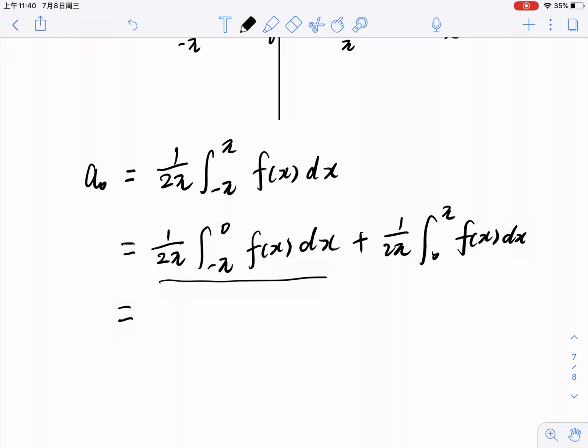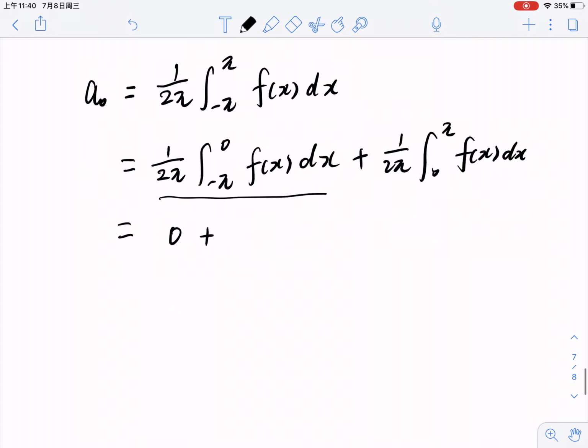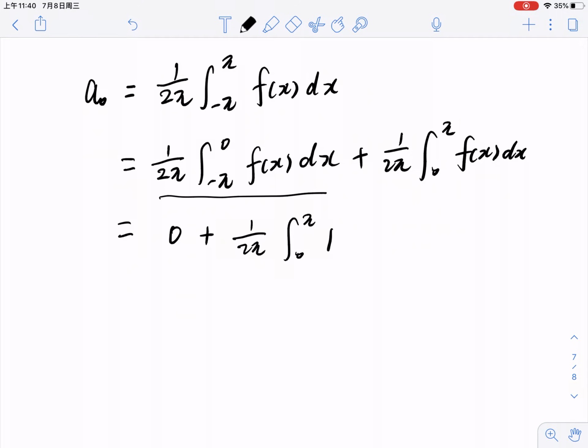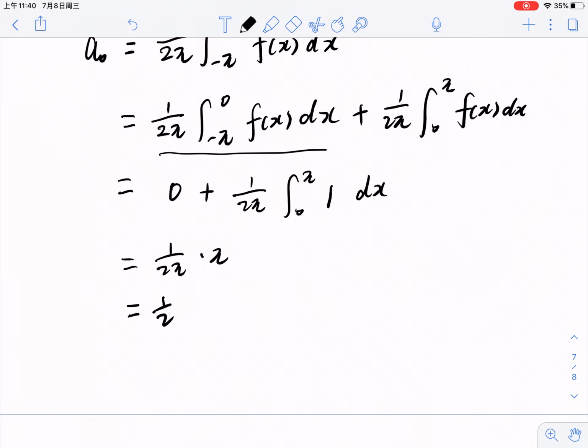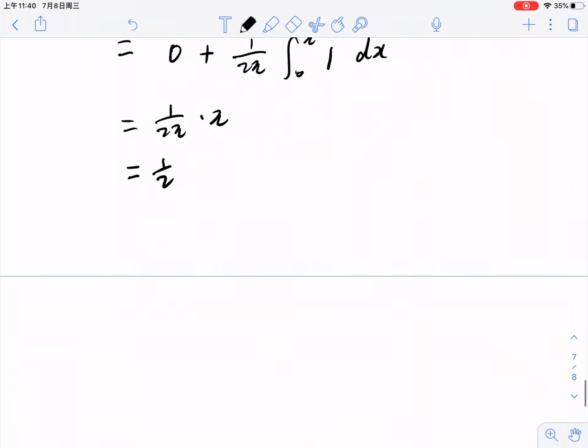The first integral is 0. Then f(x) is 1 between 0 and pi, so this is 1/2 pi times pi. So a0 is 1/2. So we confirmed our guess.